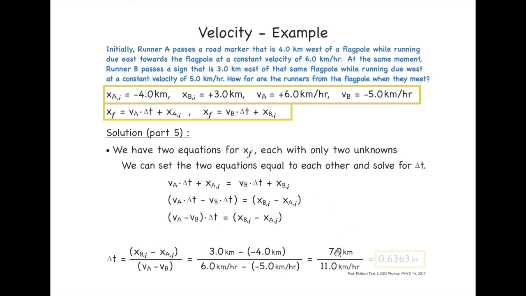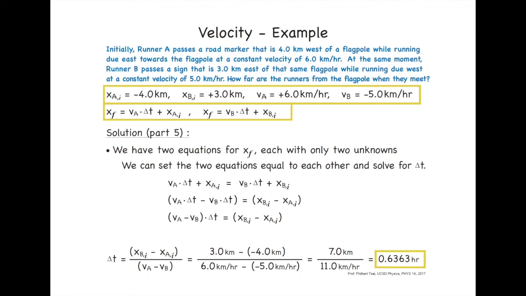So that's 7 kilometers divided by 11 kilometers per hour, which gives us a final answer of 0.6363. Right? We'll keep a few extra significant figures so we don't end up with rounding errors by the very end. Okay, so it takes about 2/3 of an hour for these two runners to reach the same meeting point.